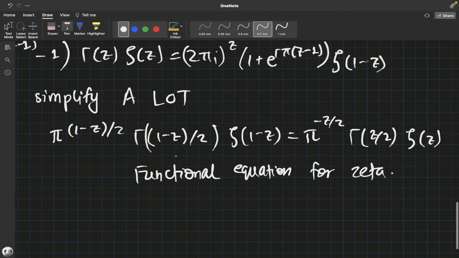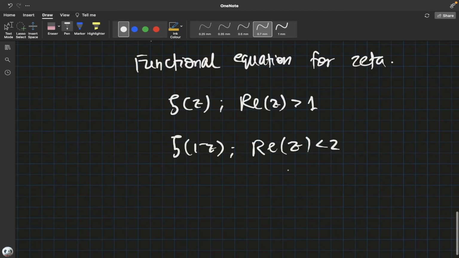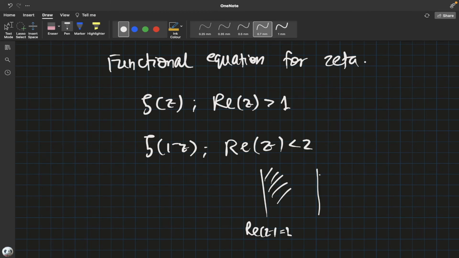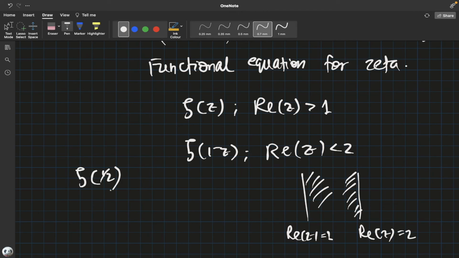This is again really important for the reasons of analytic continuation. This is defined as a region of convergence greater than 1. This has a region of convergence less than 2. So greater than 1 is like here. Less than 2 is like here. They share a common value of Riemann zeta of 1/2.